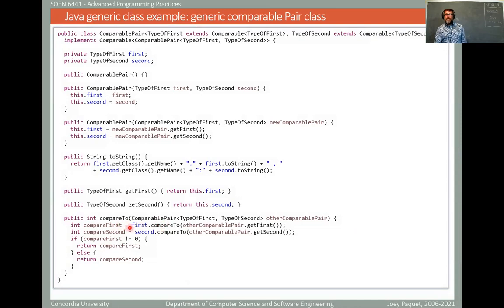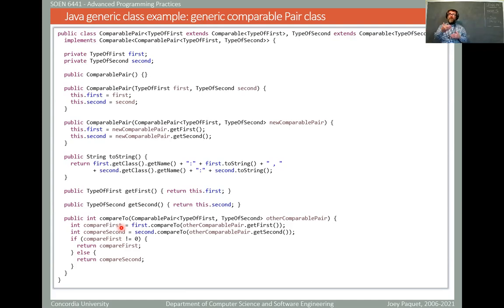So compareTo is a method or a function that returns an integer. If the object you want to compare is lower than the object that you pass as a parameter to compareTo, it returns a negative number. If they are the same, then it's 0.